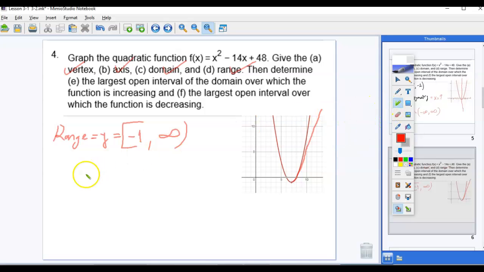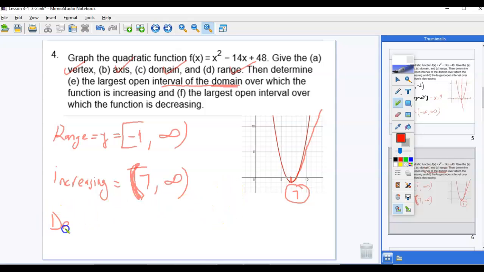So we're gonna say increasing. It says domain, right? We're looking for an interval of domain, so I'm gonna look at my x value. This x value was 7 here, which means starting at 7 to infinity. It's going to be parentheses, 7 to infinity.